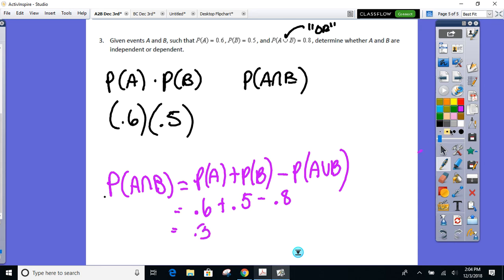All right, let's compare them now. How does 0.6 times 0.5 compare to 0.3? They are equal, which makes A and B independent.